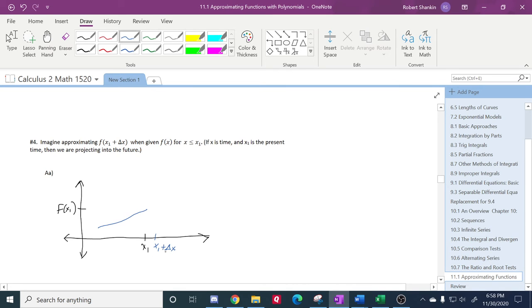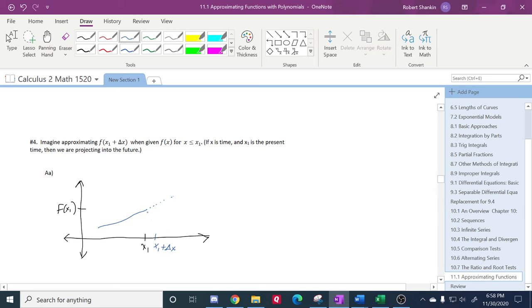So some small amount, kind of like in the practice quiz, you knew f of 17 and you had to estimate f of 17.01. Then what we're going to do is project this out. Project the line out.